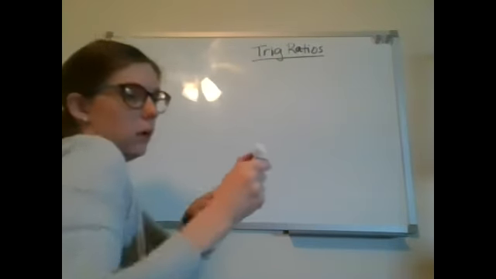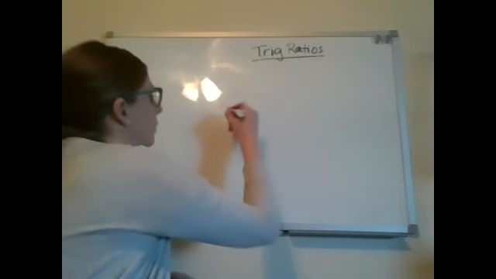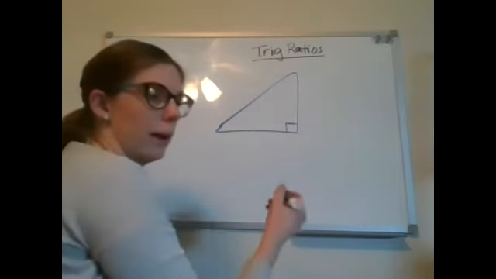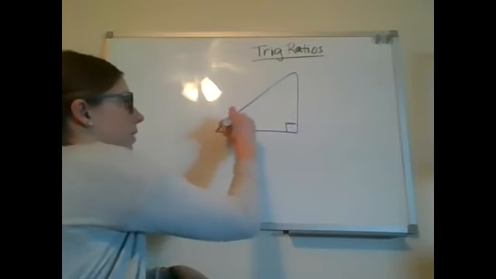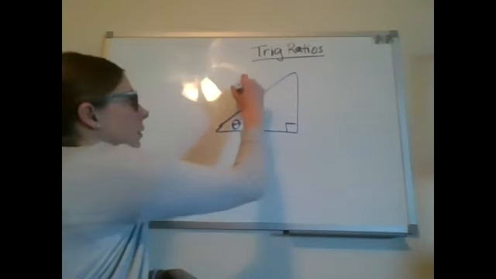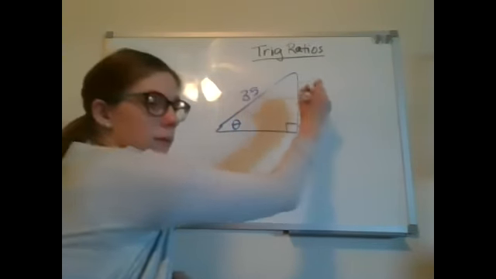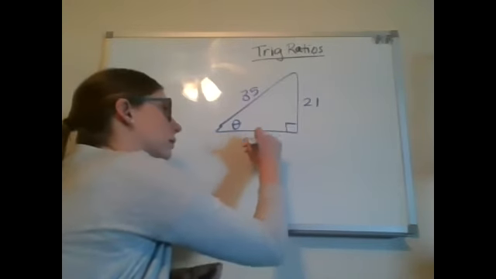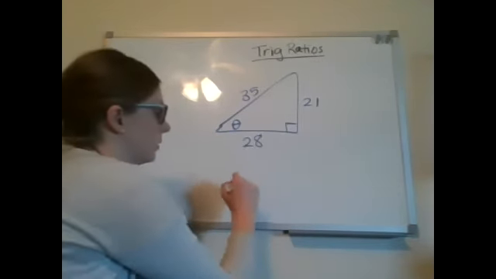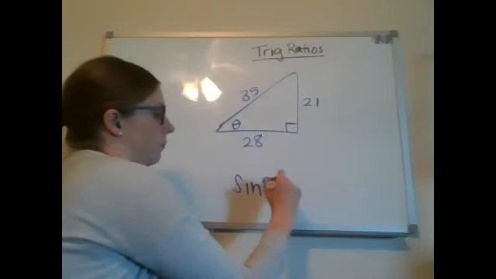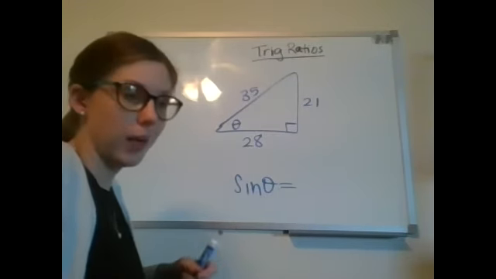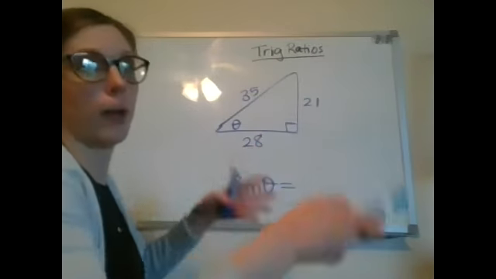All right. So the first one we have is this triangle here. And I'm going to tell you that theta is here. The hypotenuse is 35. This side is 21. And this side is 28. And I want you to find sine of theta. So remember, sine is opposite over hypotenuse.